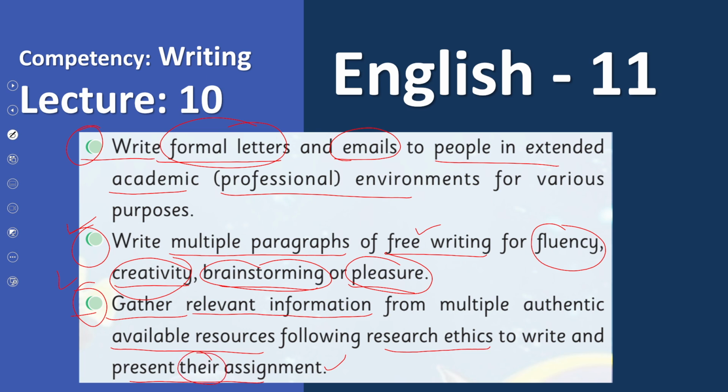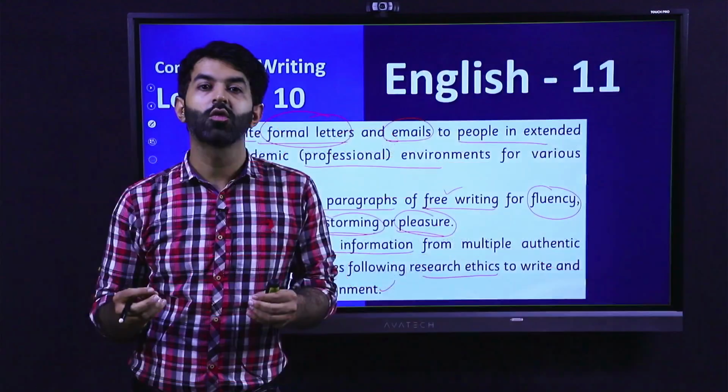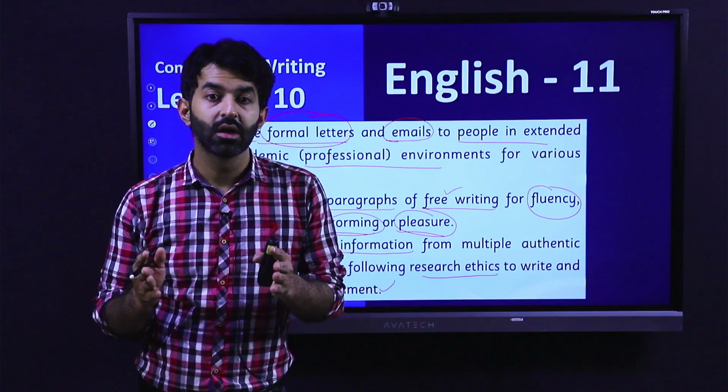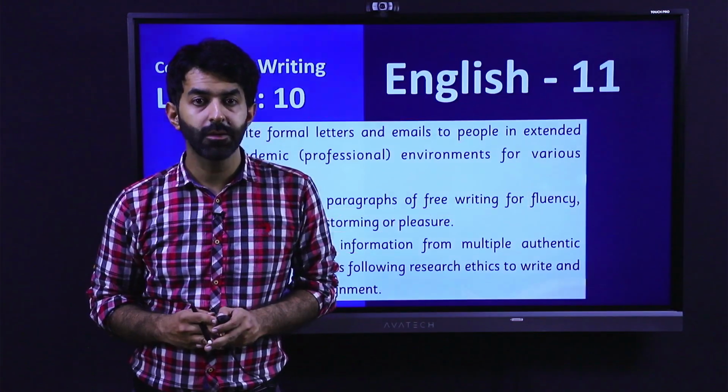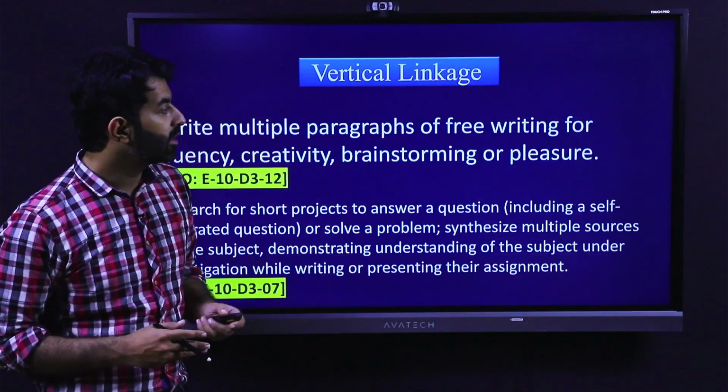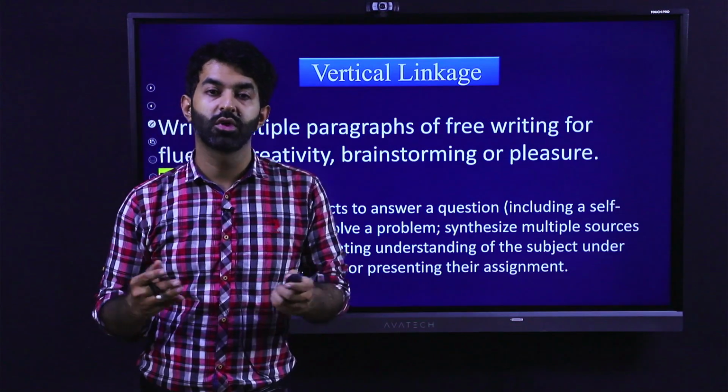How can students actually learn to research about any given topic? How can they gather information authentically while following the ethics of writing? So we will be discussing these three SLOs today. Let's get started. Here is your vertical linkage of these SLOs with the previous grade.